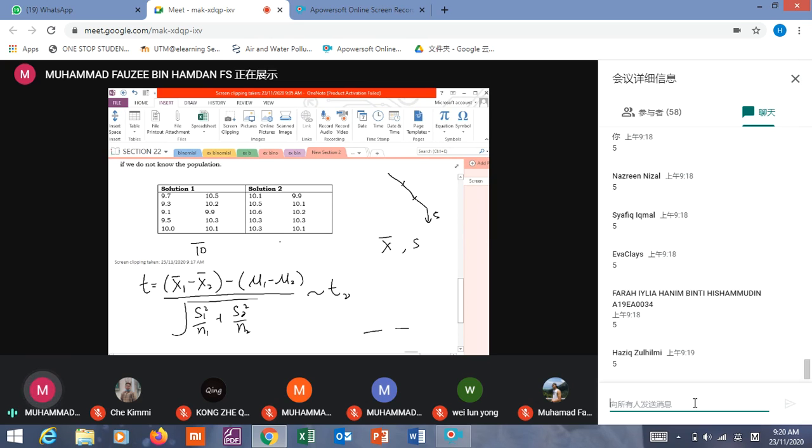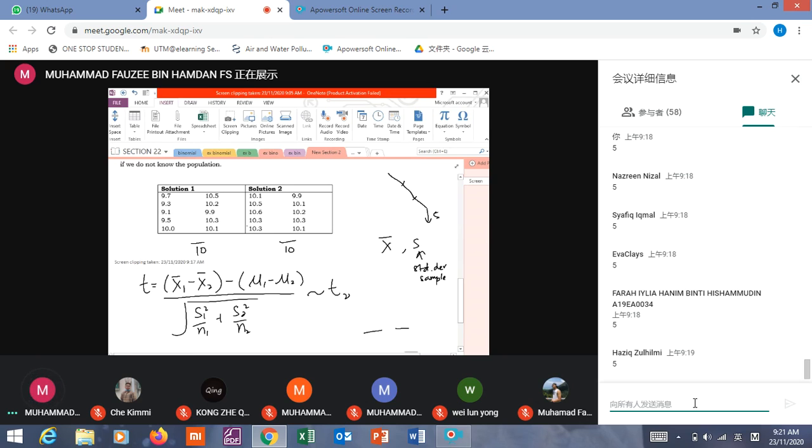For this one also divide with 10. But how to calculate s? This time you don't know the value of s1 and s2, so you need to key the data into your calculator and get the value of s. What is s? s is the standard deviation for the sample.